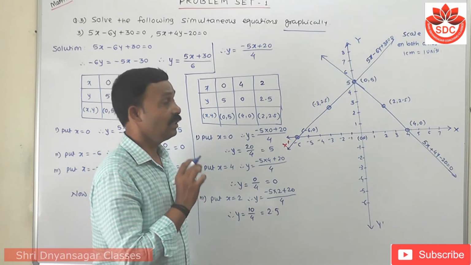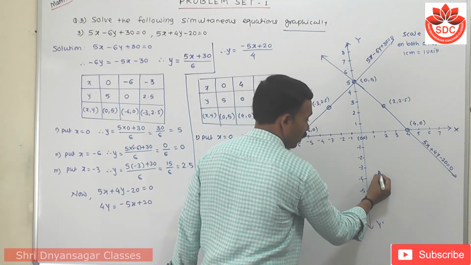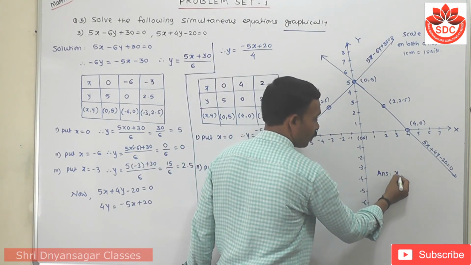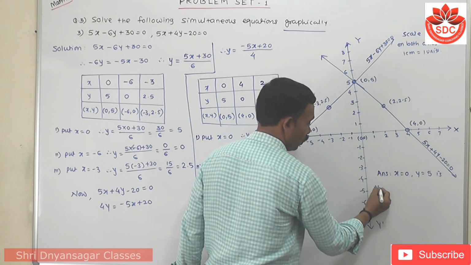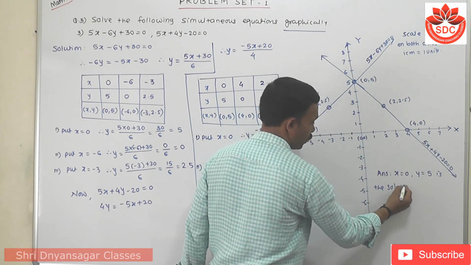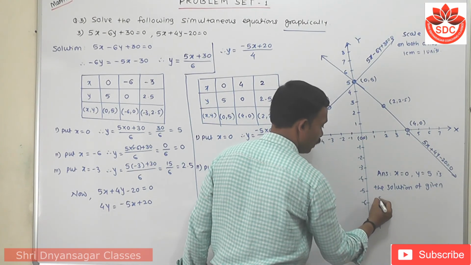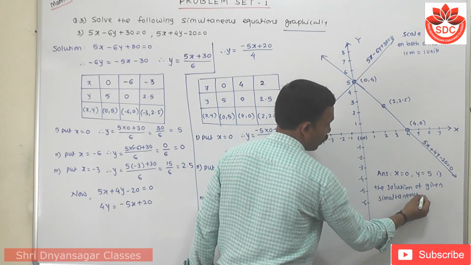So the answer I have to write here is: the value of x is equal to 0 and y is equal to 5 is the solution of the given simultaneous equations.